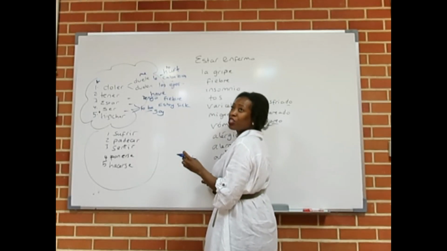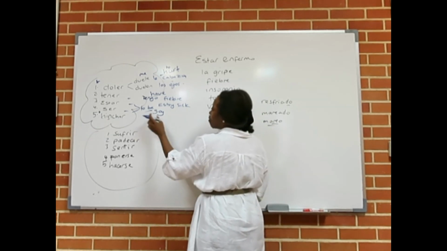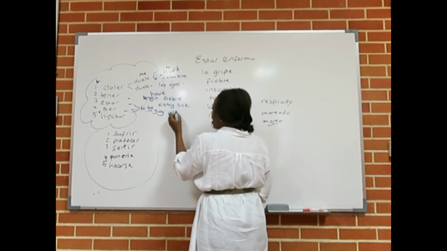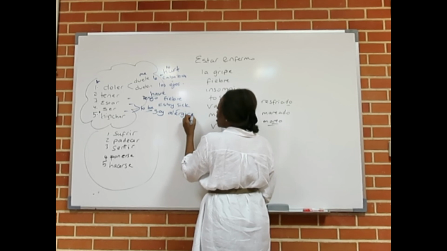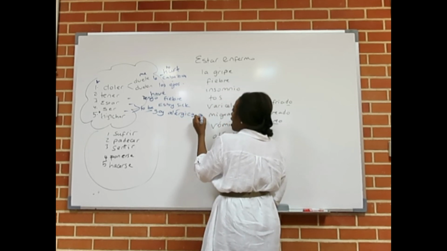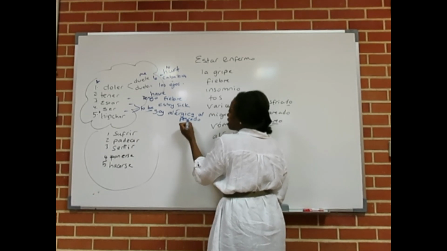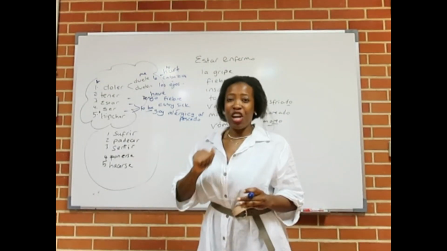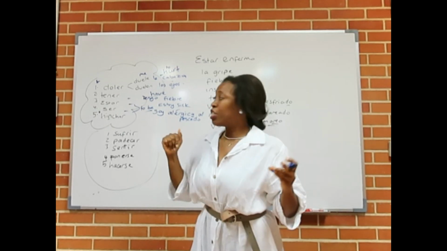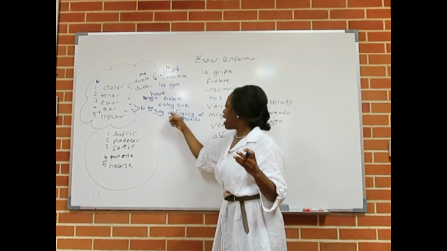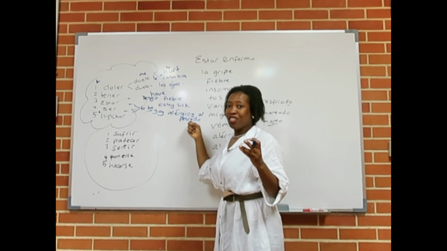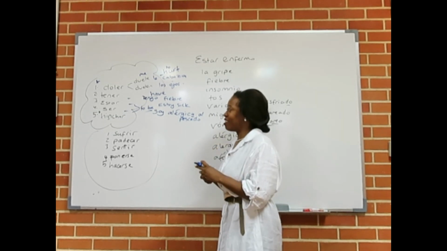If I'm allergic today, I'm going to be tomorrow and next week as well. Soy alérgica, since I'm a girl, al pescado. If you've got an allergy, share it with me. What are you allergic to? Remember, soy alérgica al, and whatever it is.